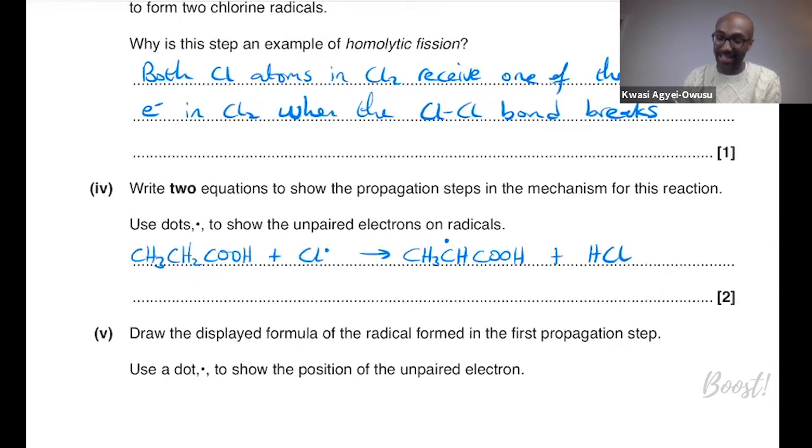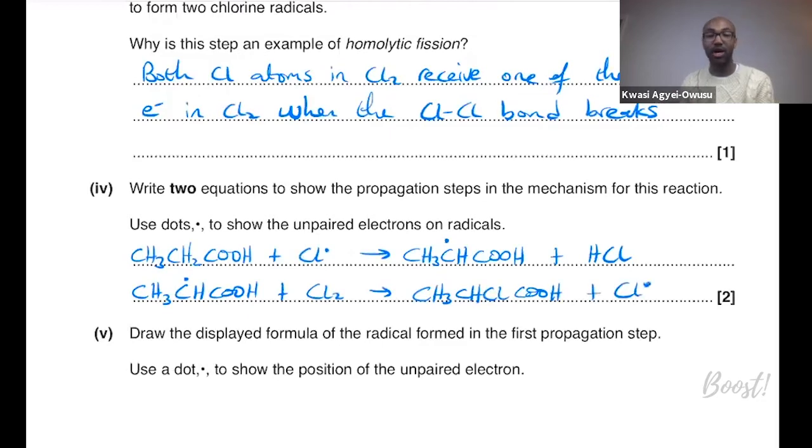And in the second propagation step, you've got your CH3CH radical COOH reacting with the chlorine molecule. So chlorine molecule is our non-radical species, and that leaves us with the product CH3CHCl C double bond OH, and another chlorine radical.